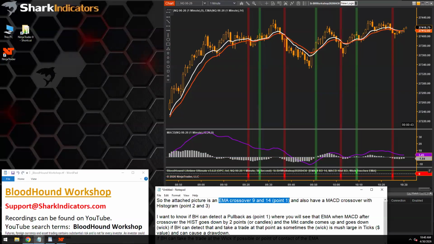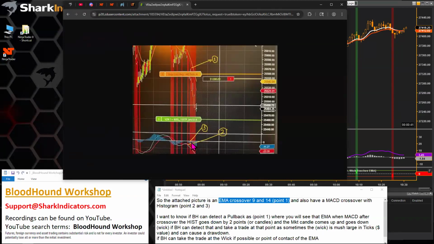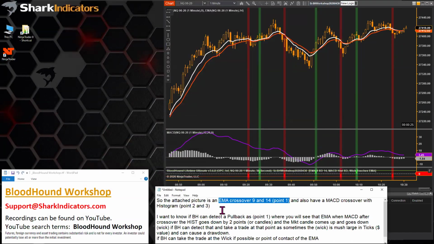Let's go back to the screenshot. 0.2 and 0.3 are really the same thing: when the histogram crosses the zero line, it synchronizes with the EMAs crossing over. And then the final condition will be one of the wicks touching the EMA.